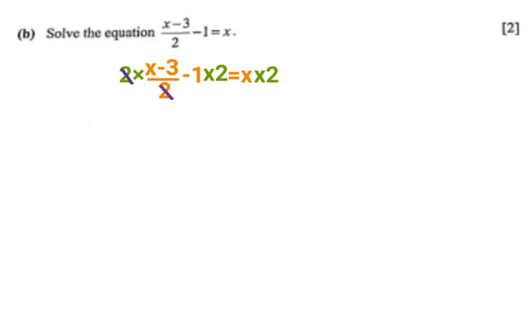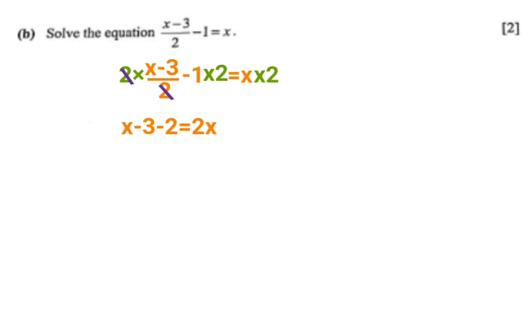Then I'm going to remain with x - 3. Then I multiply -1 by 2, which gives me -2, which will be equal to x times 2, which gives me 2x. That's what I'm remaining with after simplifying that equation by multiplying the terms by 2.